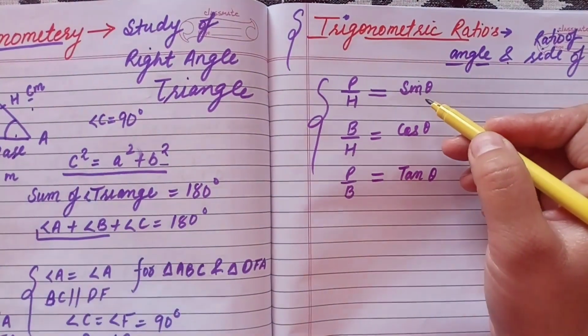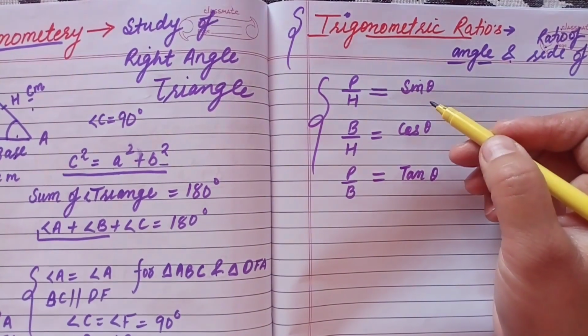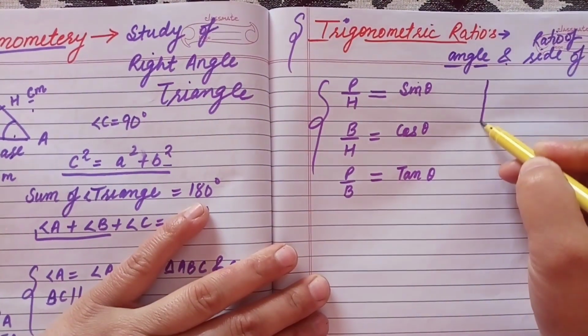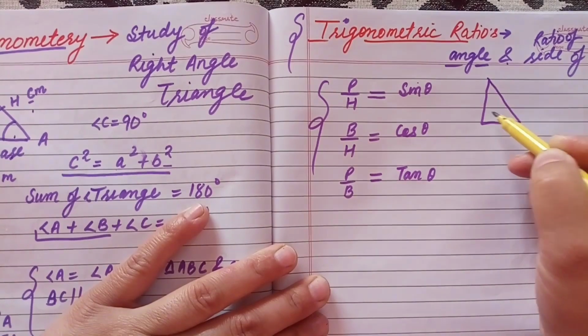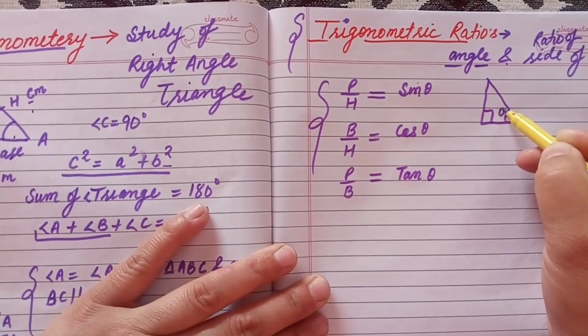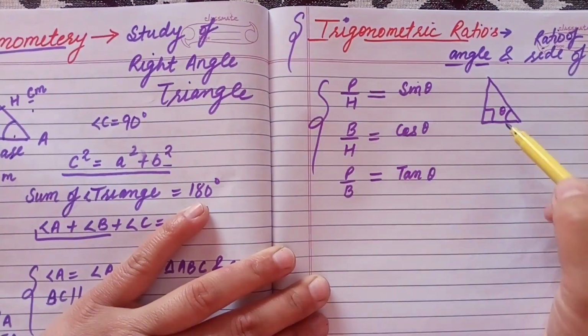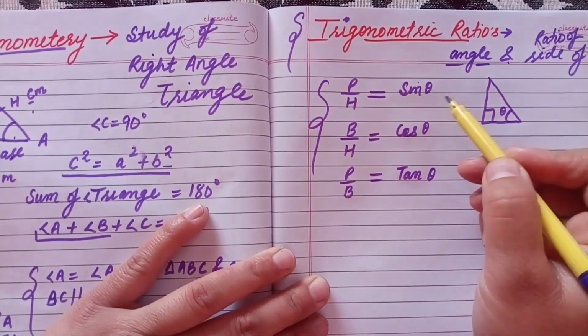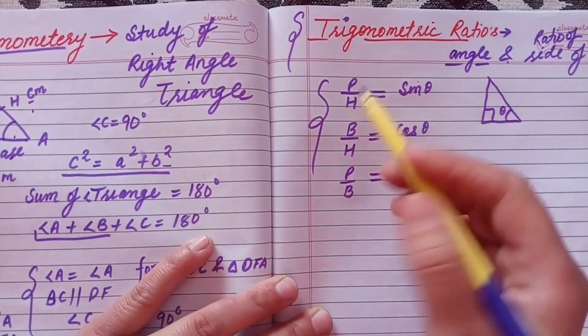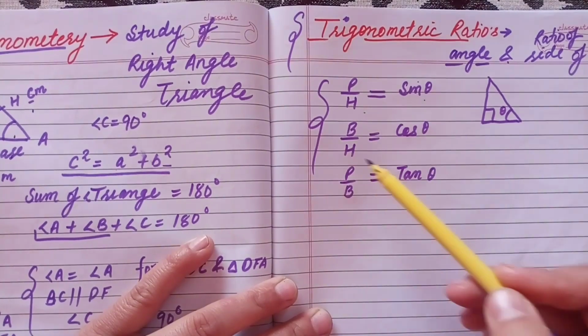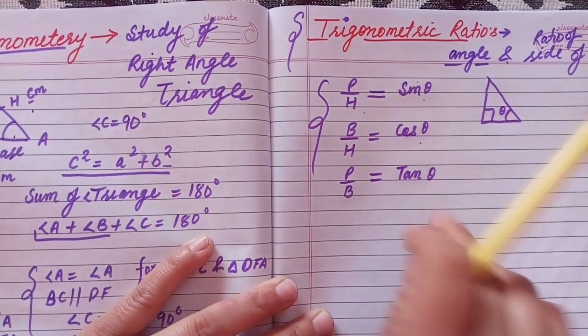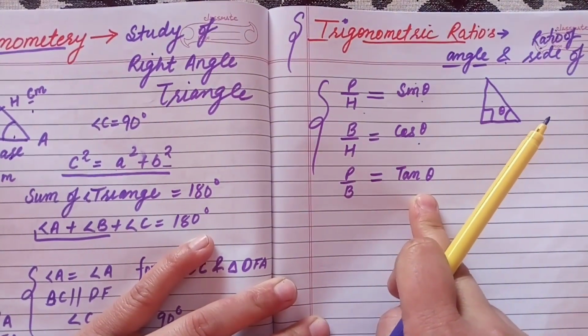Theta is the angle. If this is the right angle triangle with 90 degrees, and this one is theta, we can write it as sine of A if it is angle A.